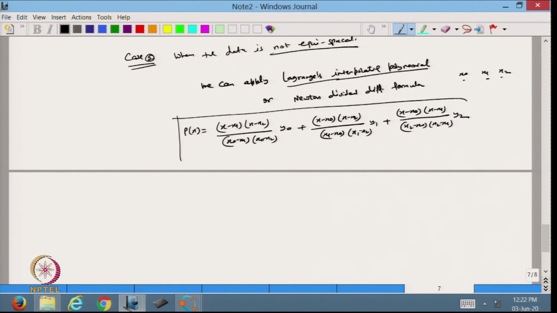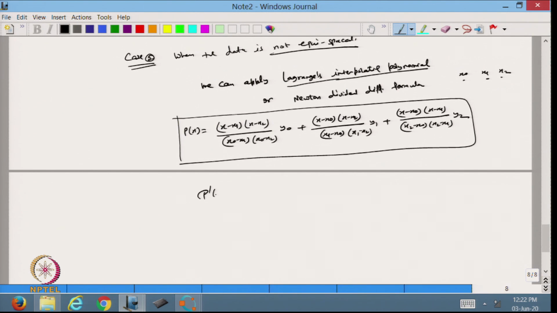So, I will get this polynomial, and that is a polynomial in x. Then I can take the derivative of this one. So, that will give p dash x. So, from here I can approximate the value of the derivative for any x lying between x0 to x2.